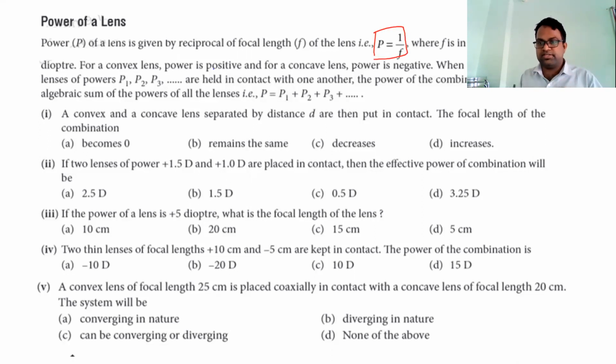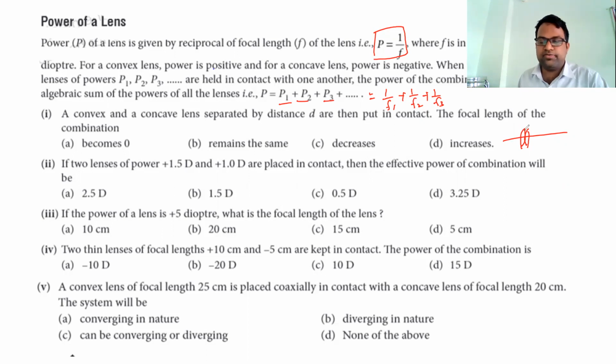Now if there are many lenses kept close to each other or in contact, then the formula is P1 plus P2 plus P3, or in terms of focal length, 1 by f1 plus 1 by f2 plus 1 by f3. So this formula is for lenses in contact.